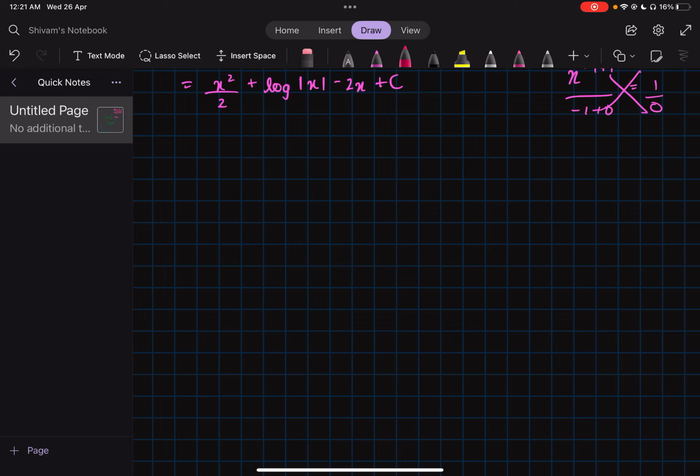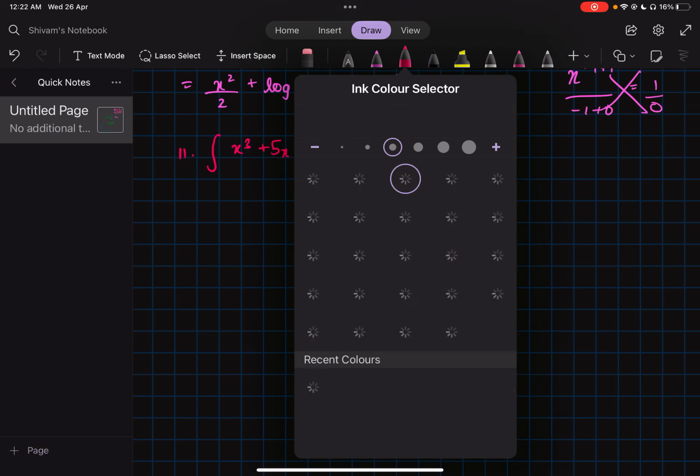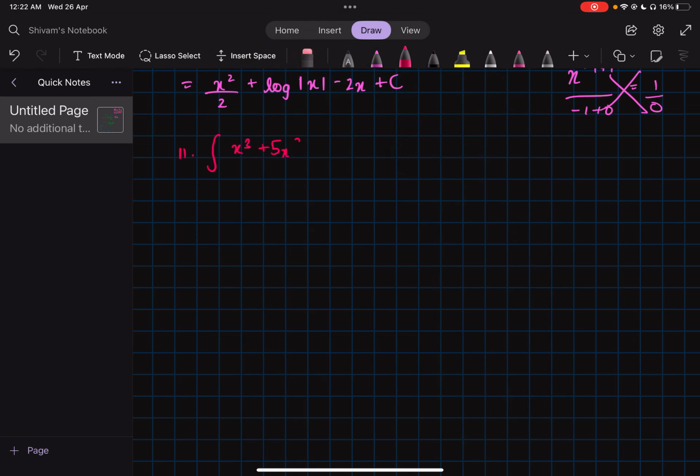Alright, so I'm going to move on to the next question, the 11th question, which is the integral of x cubed plus 5x squared minus 4 over x squared, dx.